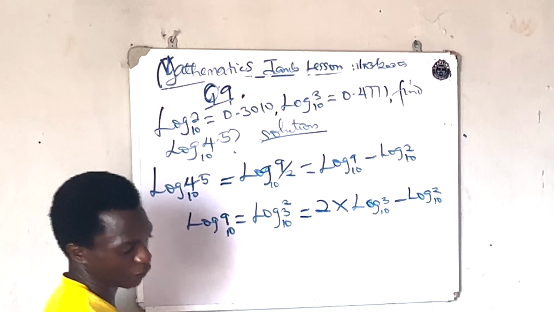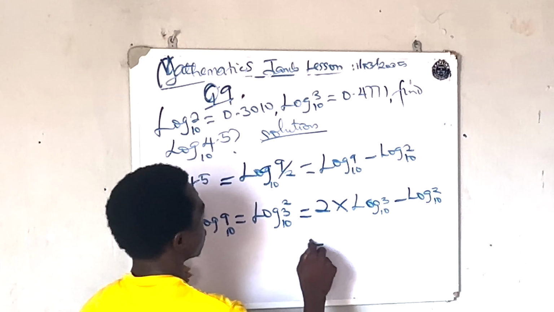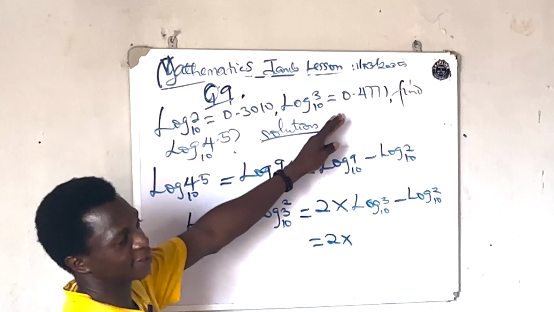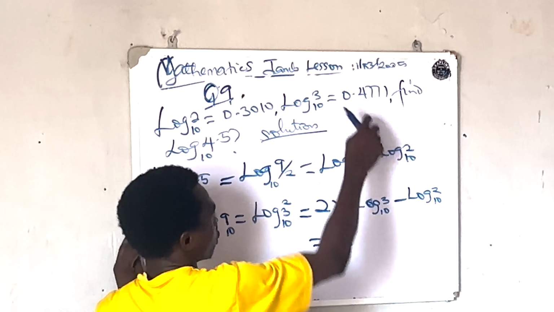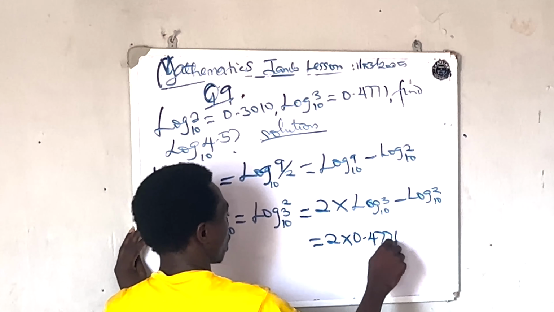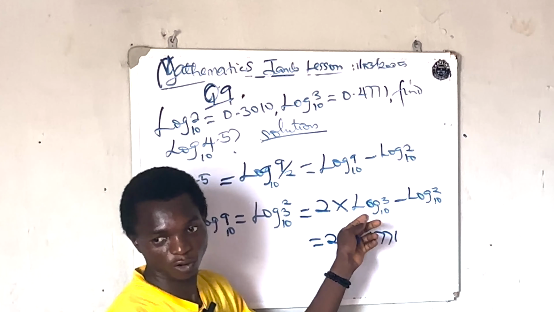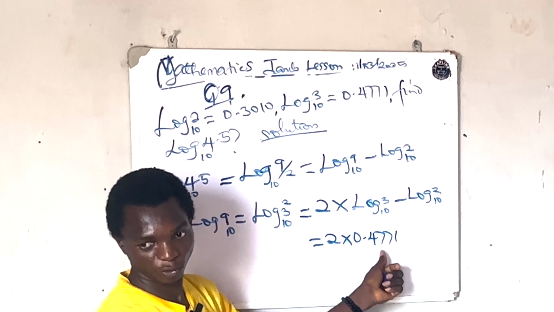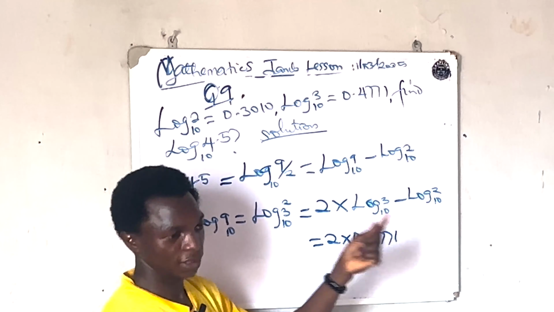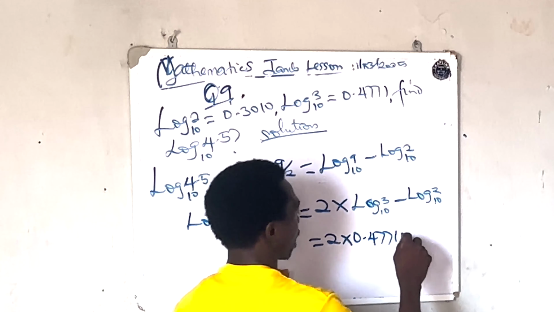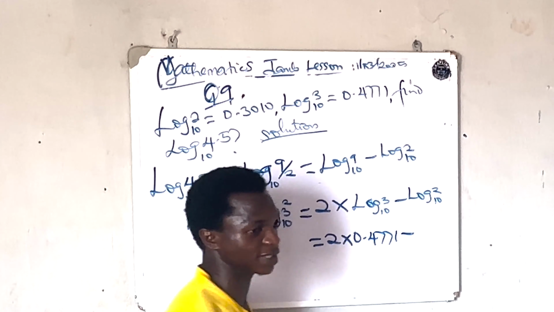Look at what we're going to have now. Remember the question said log 3 in base 10 is equal to what? Look at it from the question. 0.4771. So what we have here as log of 3 in base 10 is the same thing as 0.4771. You now multiply it by these 2, right? Minus what we say is log 2 in base 10.